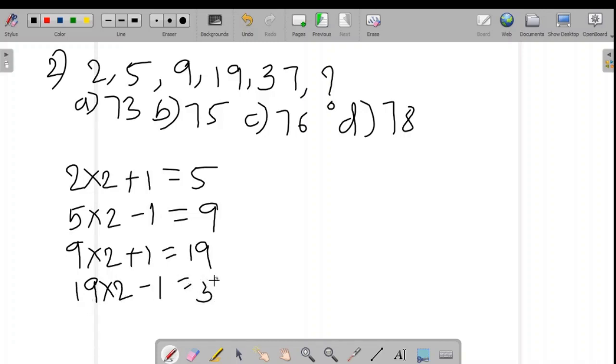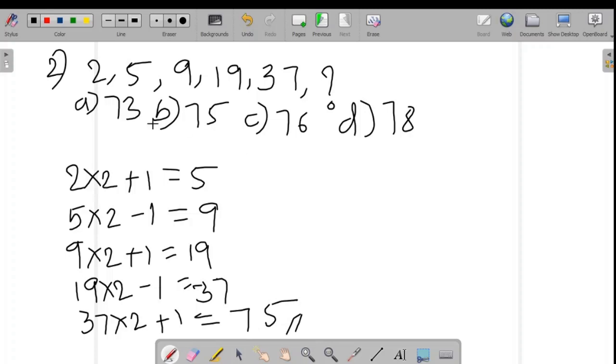That is correct. So we can easily guess the next number is 37 into 2 plus 1, because it goes plus, minus, plus, minus, plus. 37 into 2 is 74. 74 plus 1 is 75. 75 should be the right answer.